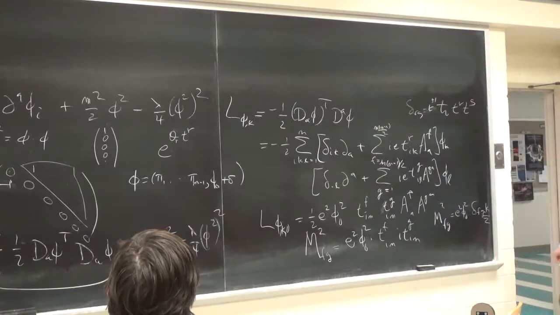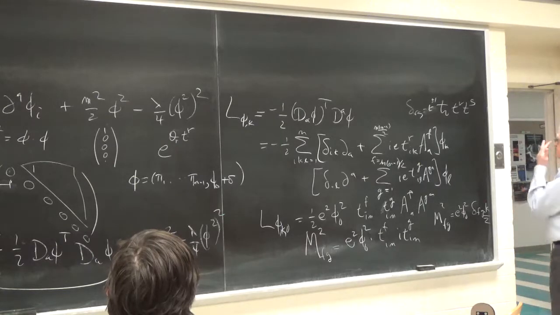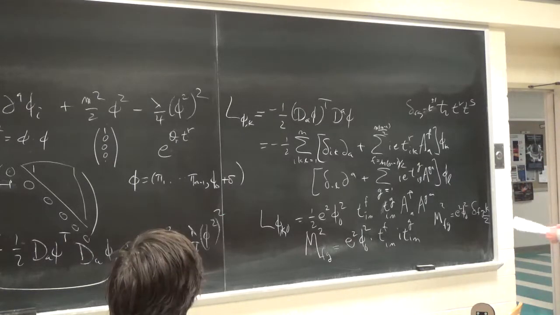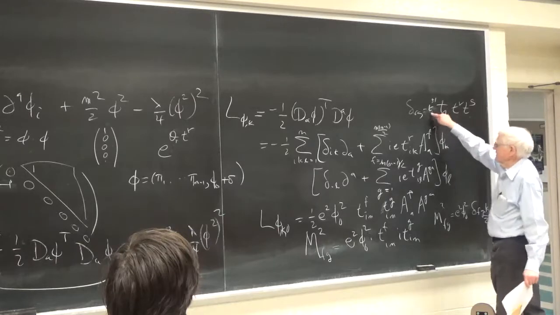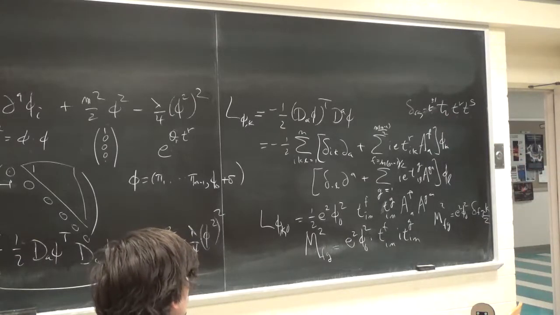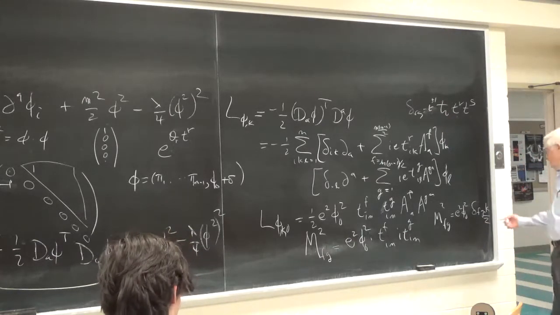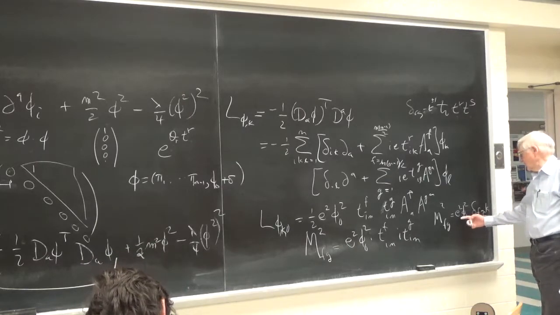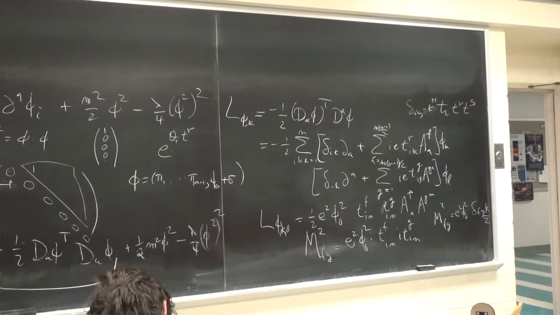But you remember that when you define the generators of a Lie group, you want the structure constants to be the same for all representations. And so you have to scale the generators by a k in each representation. So we make the mass of these gauge bosons then is e phi 0.